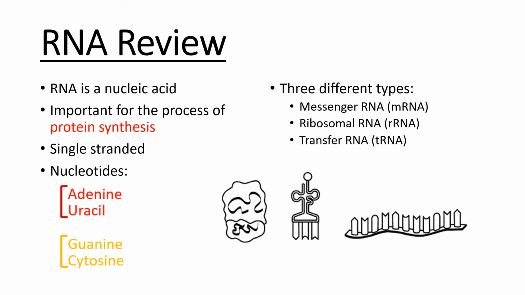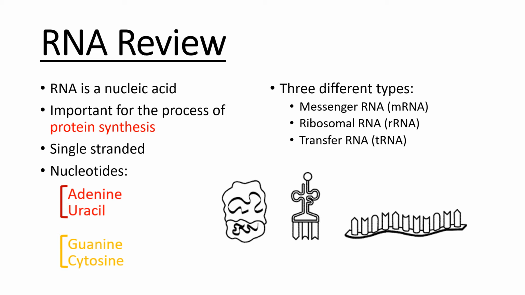DNA is only present in the nucleus, so messenger RNA takes that information out of the nucleus to find a ribosome. mRNA looks like this picture in the bottom right corner, with one single strand of nucleotides. It's complementary to the DNA strand, so it's the exact same message, just in RNA format.